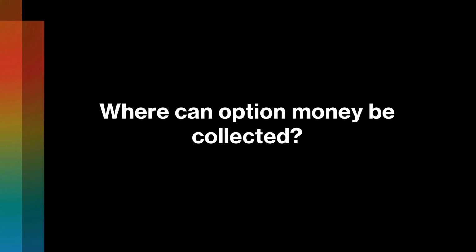And so finally, where can the option money be collected? Now, in Shoot Pro Cloud, we offer the ability to collect option winnings at the time of cashiering in a way where you can use your option winnings to pay for future events. So let's say that Joe Blow won $200 off the Lewis on the second event, and it is now the second day.